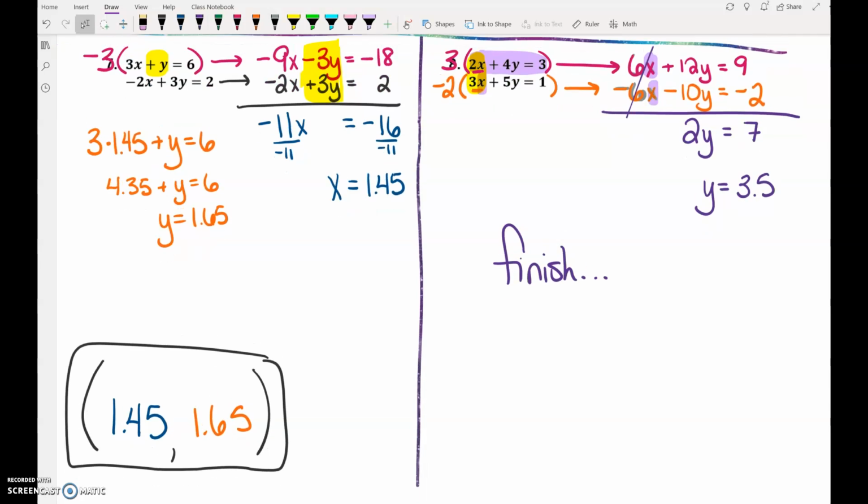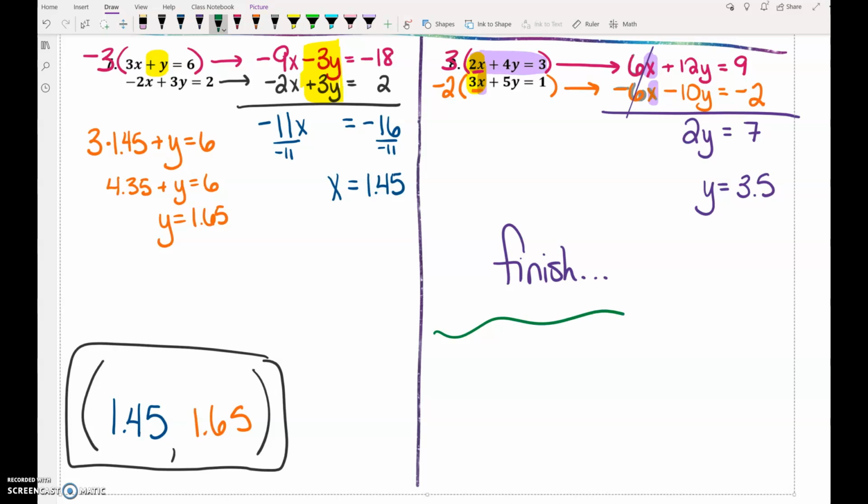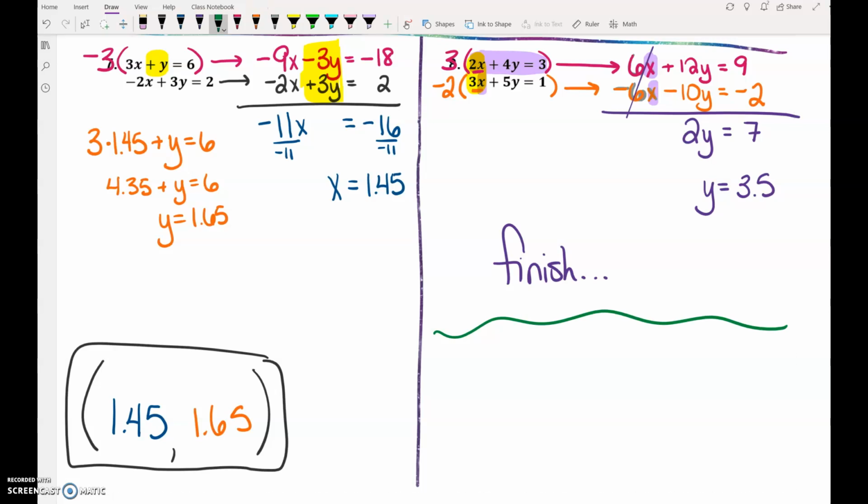Now, reminder, with elimination, if you are adding your 2 equations together and you end up with 0 plus 0 equals 0, if all of your variables eliminate and you're left with a true statement, that would mean many solutions.